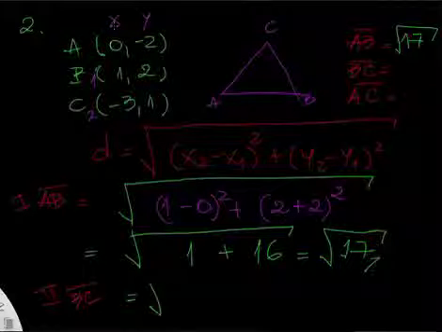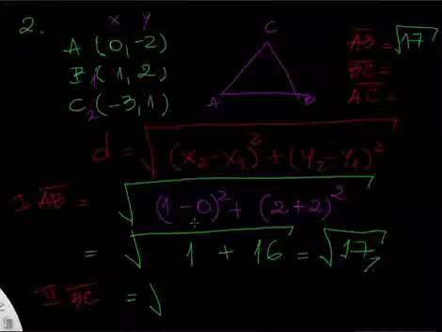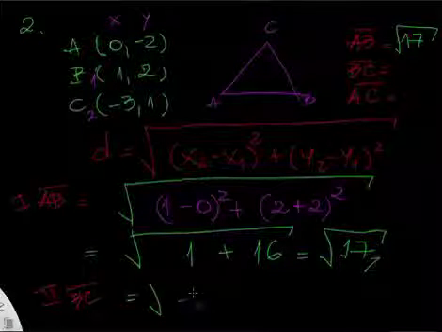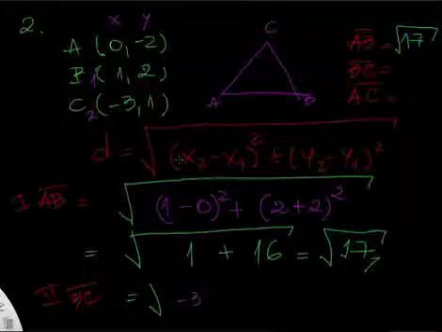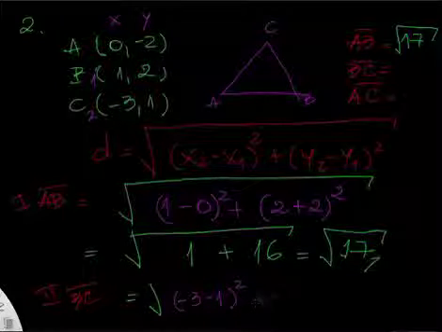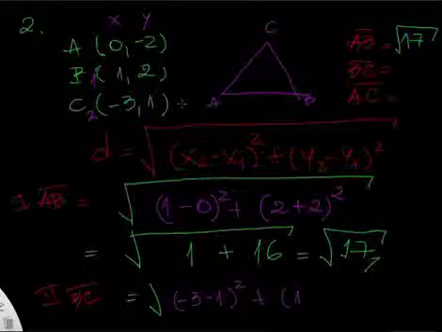So this is my point 2, x2 is negative 3, then minus x1, here x1 is positive 1, so minus 1, all that squared, plus my y2 is 1 minus y1, that is 2, all that squared.